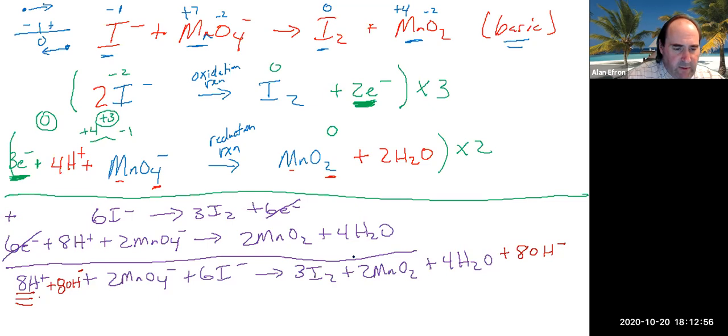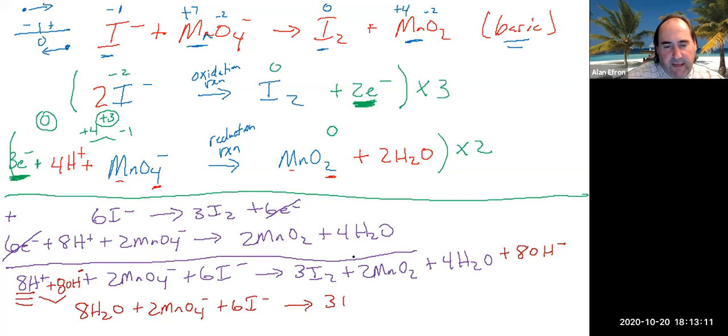The side where we have the OH and H plus will make 8 waters, plus my 2 MnO4 minus, plus my 6 I minus gives me 3I2 plus 2 MnO2 plus 4 waters and 8 OH minuses.